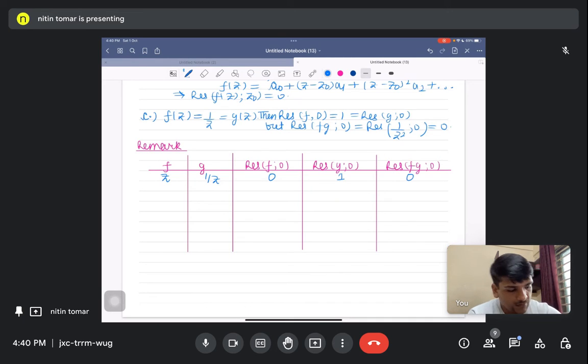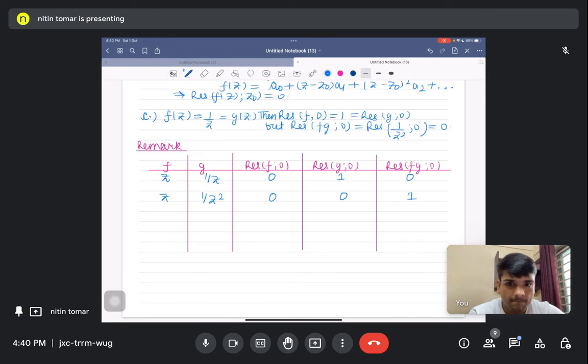Yes, sir. If you choose it to be z and 1 by z square, then what will be the residue? 0 again. Here 0 again. But here it will be 1, right? So again equality is not there. So anything can happen.